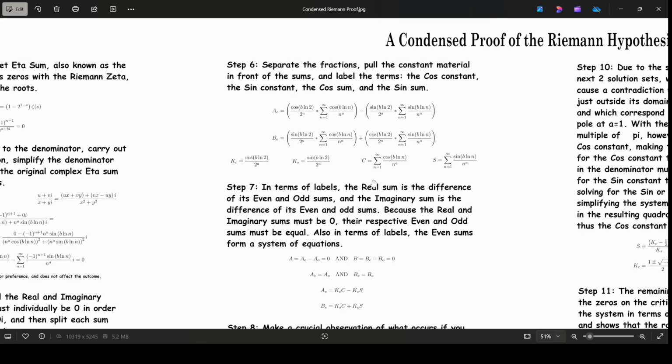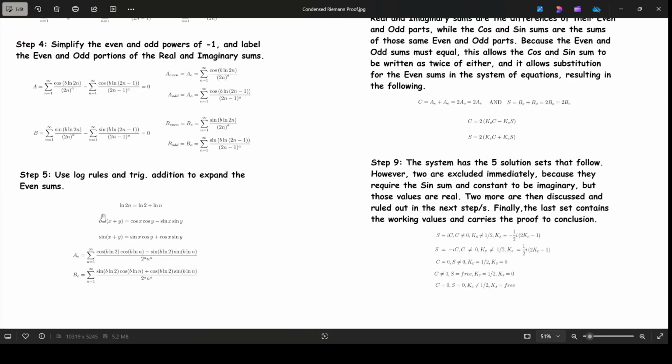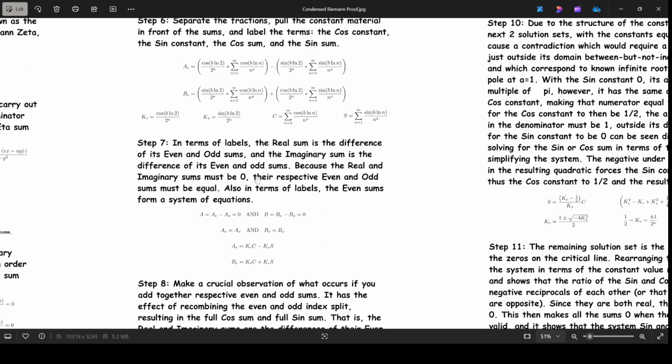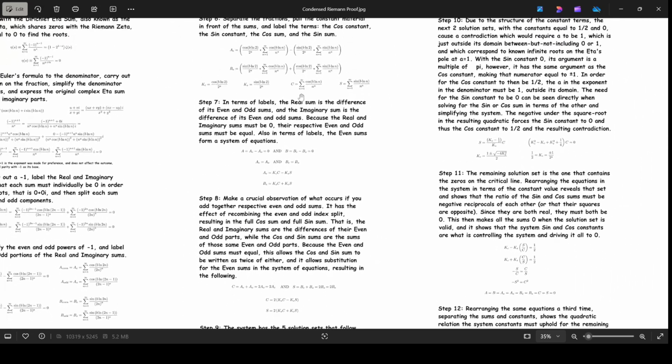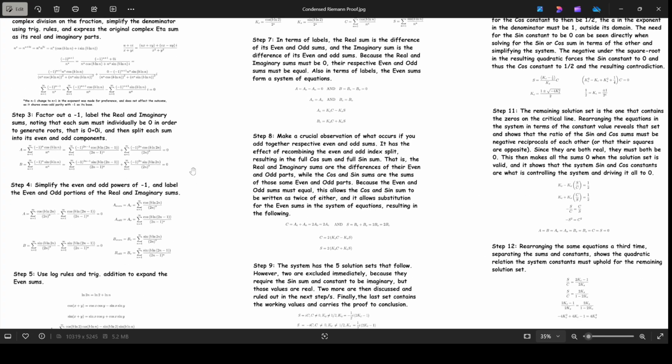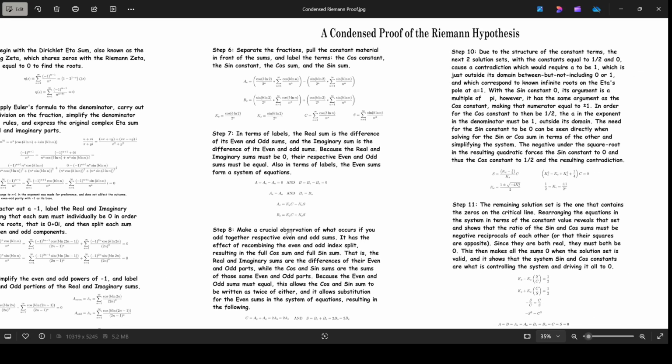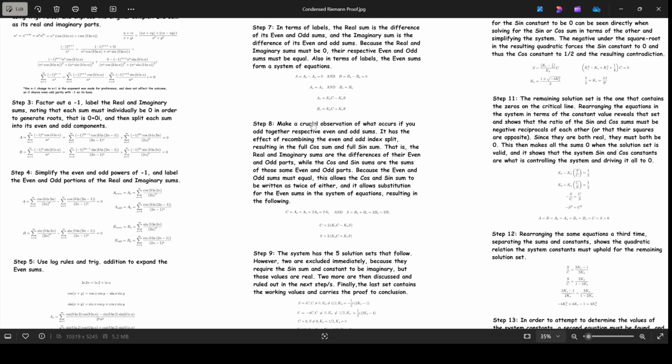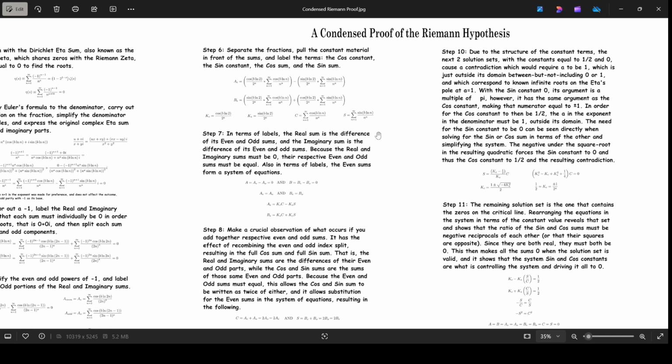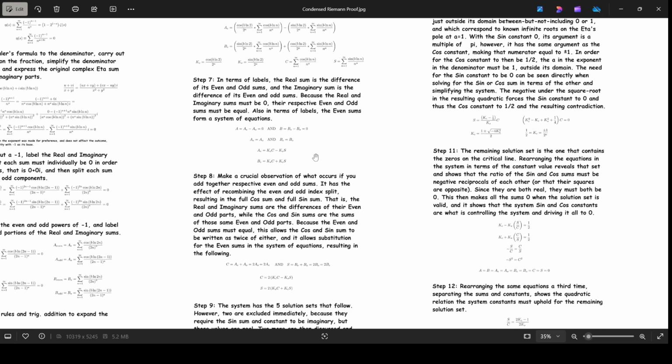You express the even and odd sums, expand that with log and trig rules. You make the recognition that the even and odd sums are related to both of these, and that the sum of the even sums is related to part of itself here. You write down the recursive relationship, and that's it.